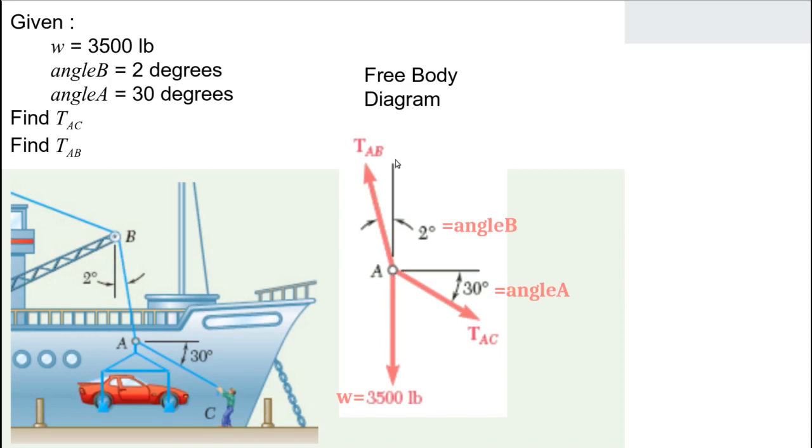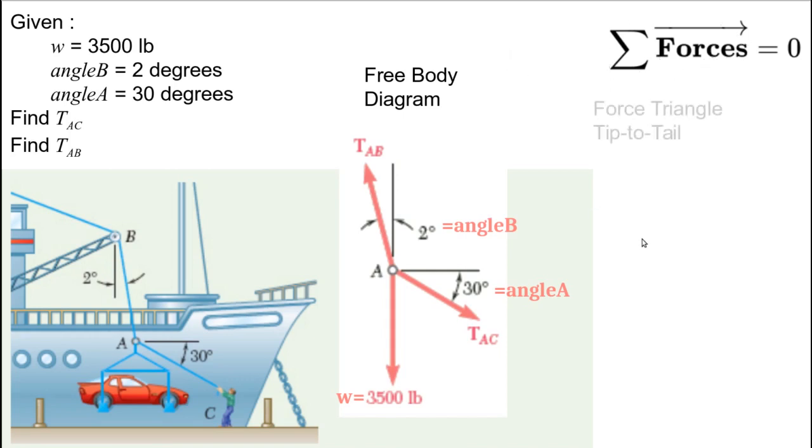When we have something in equilibrium, we could, in our drawing, have used the names of these angles as well. But for equilibrium, we want sum of the forces equals 0. That's our main equilibrium thing.